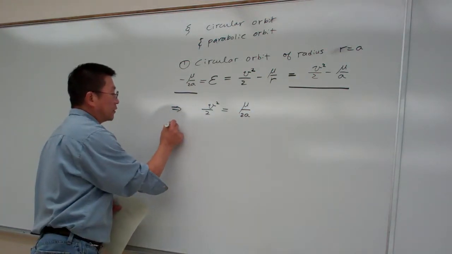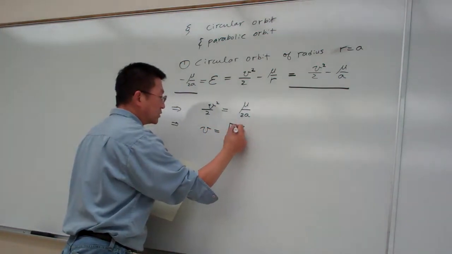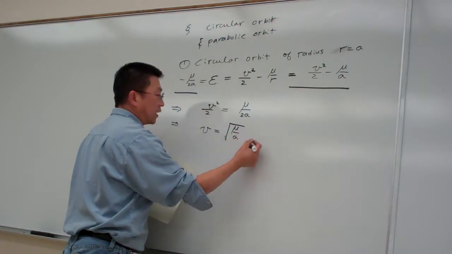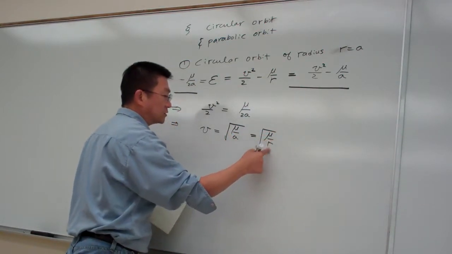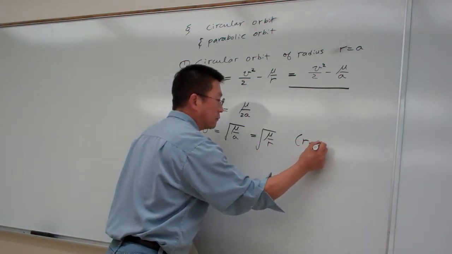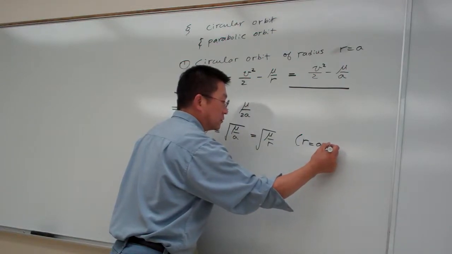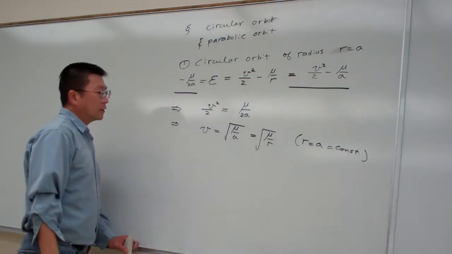Okay, so therefore here we have the velocity on the circular orbit is the square root of mu divided by a. And in particular, if you like to change back, mu divided by r, r is the radius of the orbit. Okay.